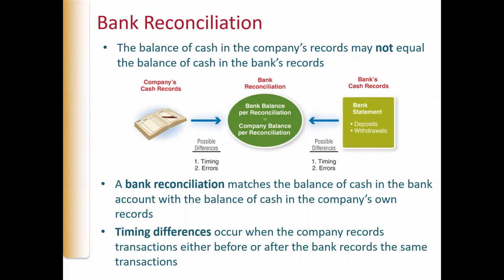It's timing differences that make them not balanced. Timing differences occur when the company records transactions either before or after the bank records those same transactions.